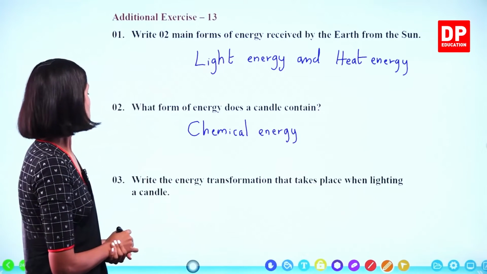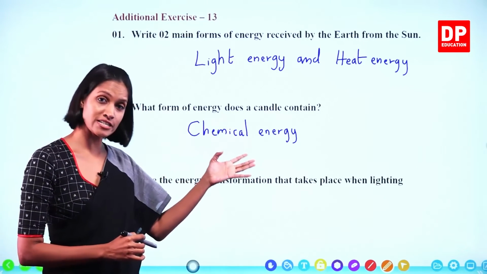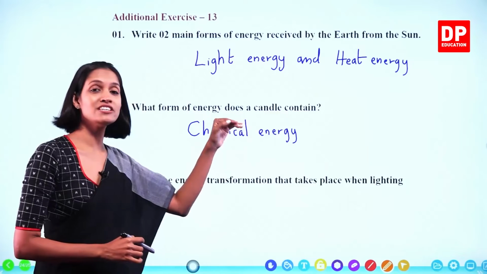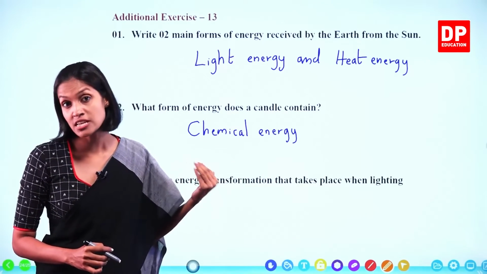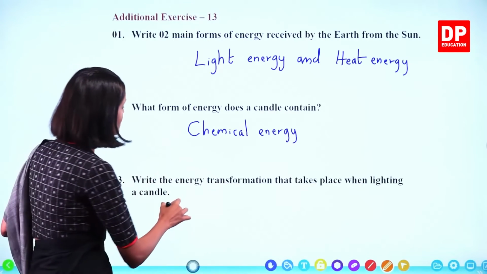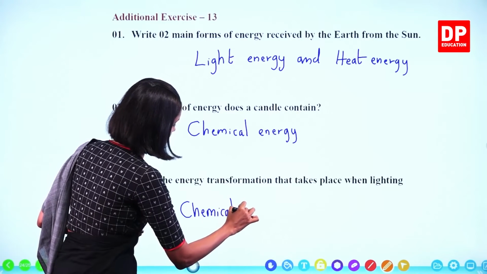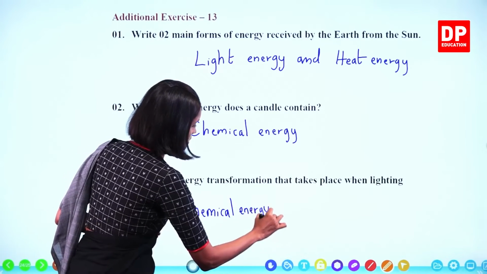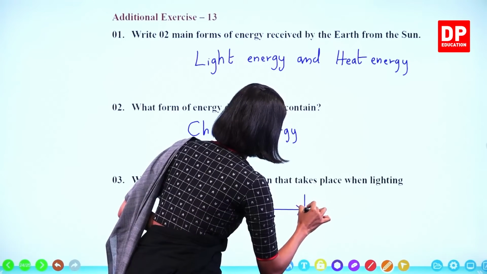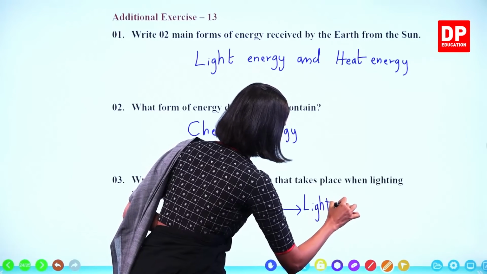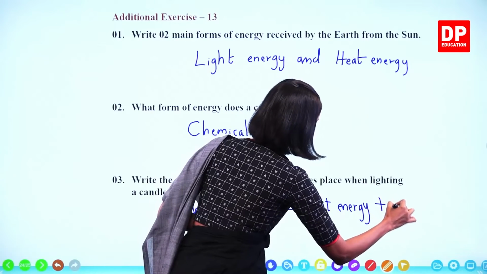Next one. Write the energy transformation that takes place when lighting a candle. So when you light a candle, this chemical energy is converted to light energy and also heat energy because candle provides heat as well, right? Therefore, chemical energy is converted to light energy, and heat energy.